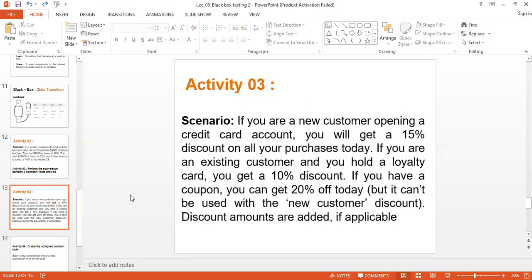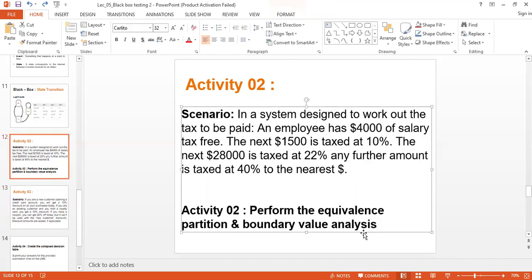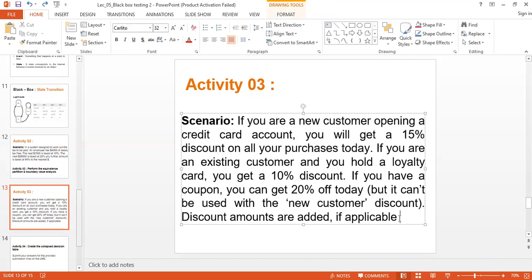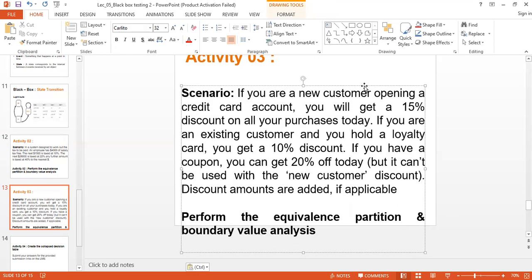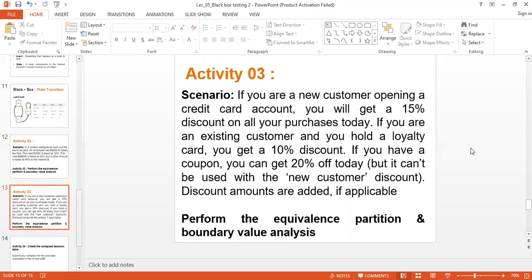So in the third activity also you have to develop this equivalent partition and the boundary value analysis.